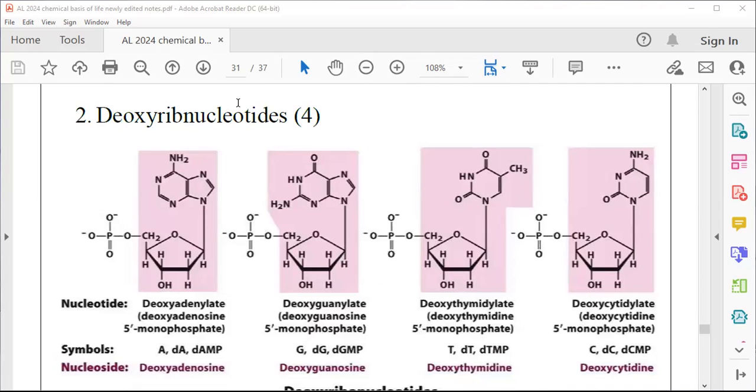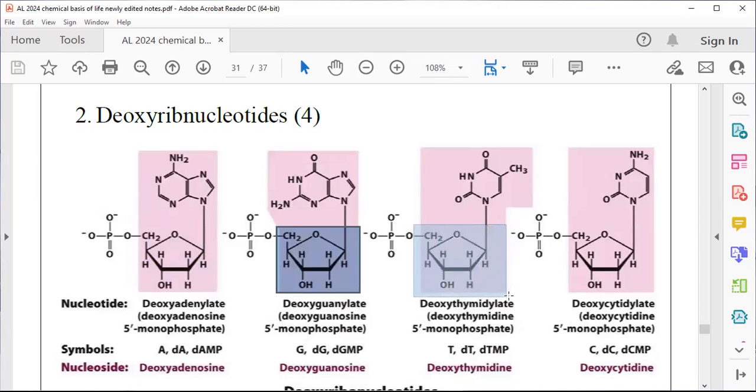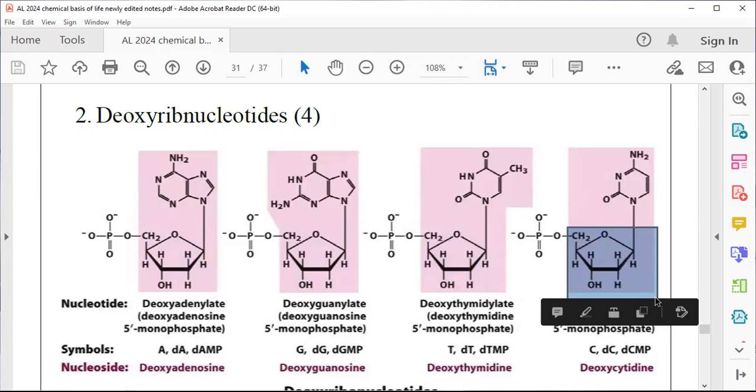This is deoxyribonucleotides. Here the sugar is deoxyribose. Here this sugar is what kind of sugar?